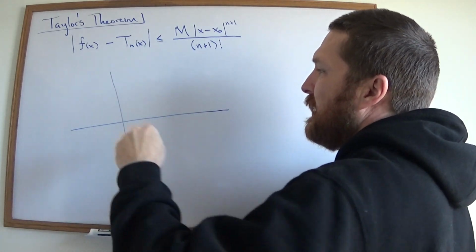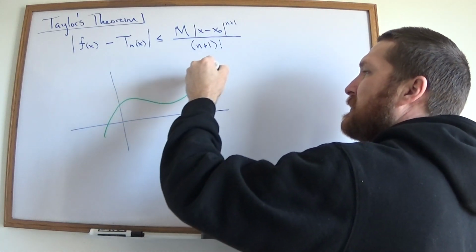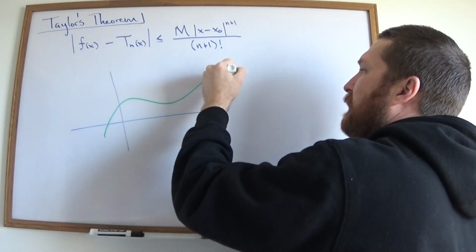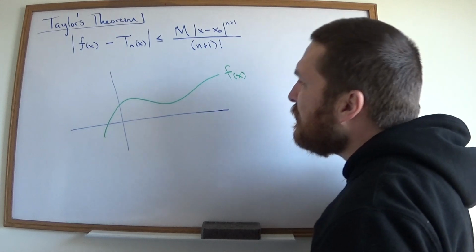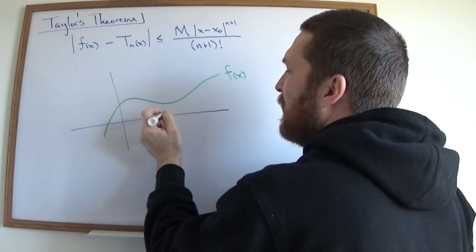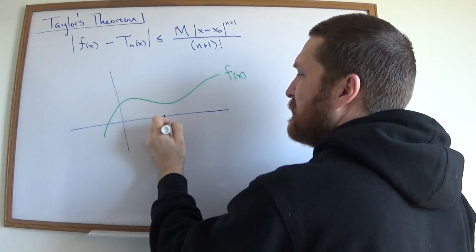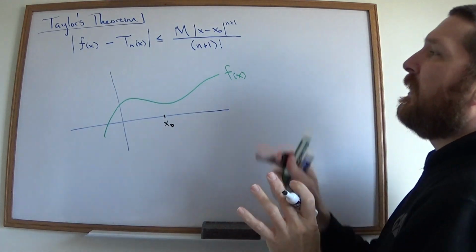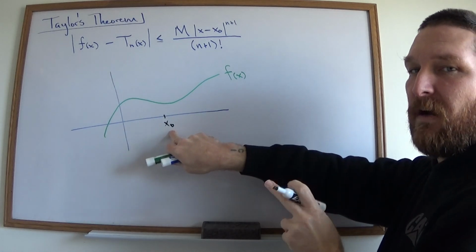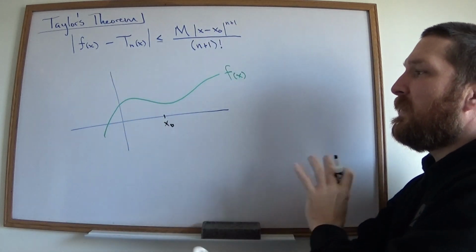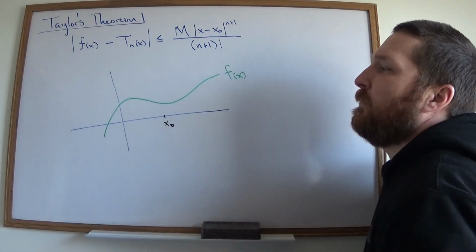So let's say this is our function itself, there's f, and then the nth Taylor approximation, and let's say this here is x0. For this whole conversation, x0 is going to be some constant in the domain of f.